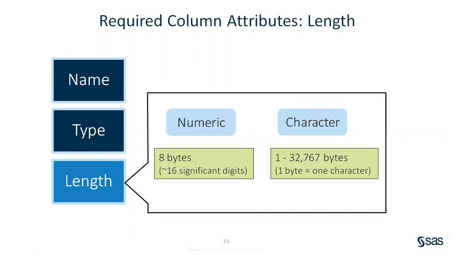It's a storage way of how it saves. 8 bytes can save approximately 16 significant digits. Whereas for characters, it is not restricted to 8 bytes. It may vary from 1 to 32,767 bytes, where 1 byte is equivalent to 1 character. So this is the space it occupies in SAS memory to save character values or numeric values. All fine?